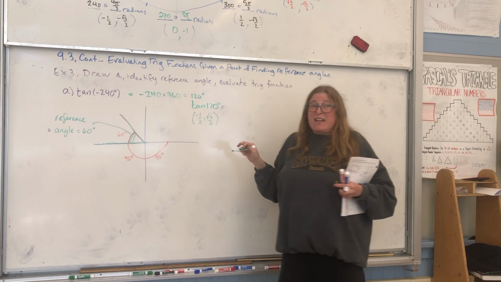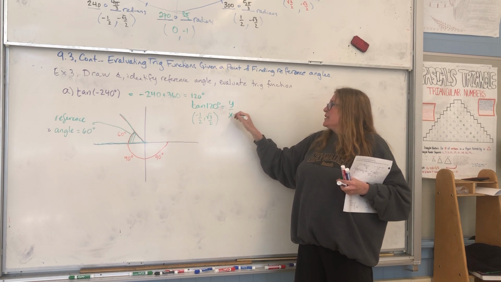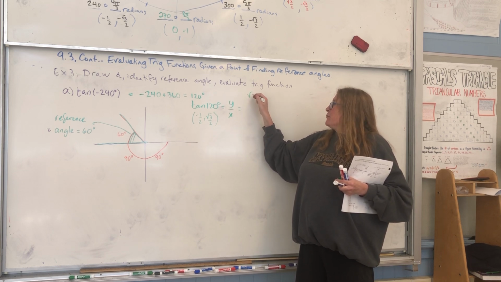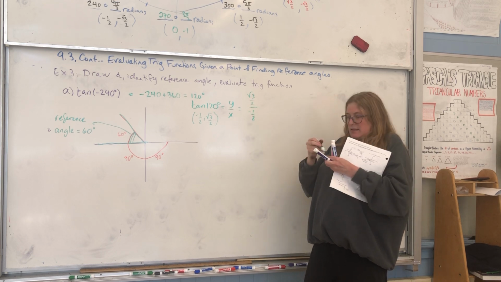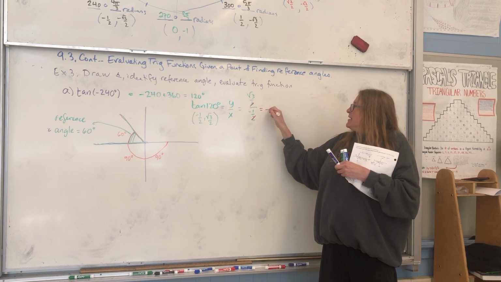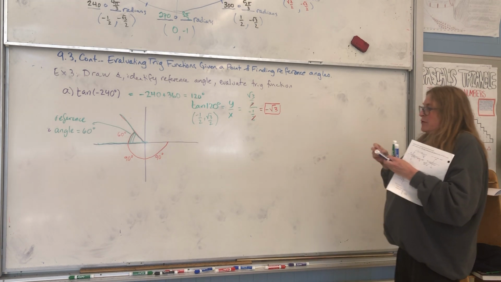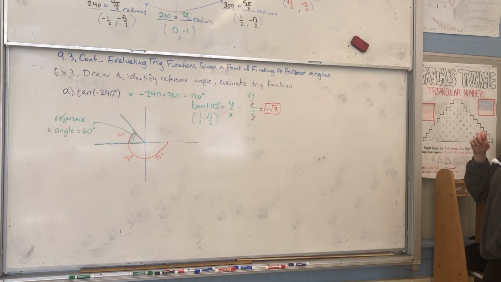And if you remember from the last time, tangent is equal to the y coordinate over the x coordinate. So it's root 3 over 2 over negative 1/2. And what does that reduce to but negative square root of 3? So we drew our reference angle and evaluated the function.